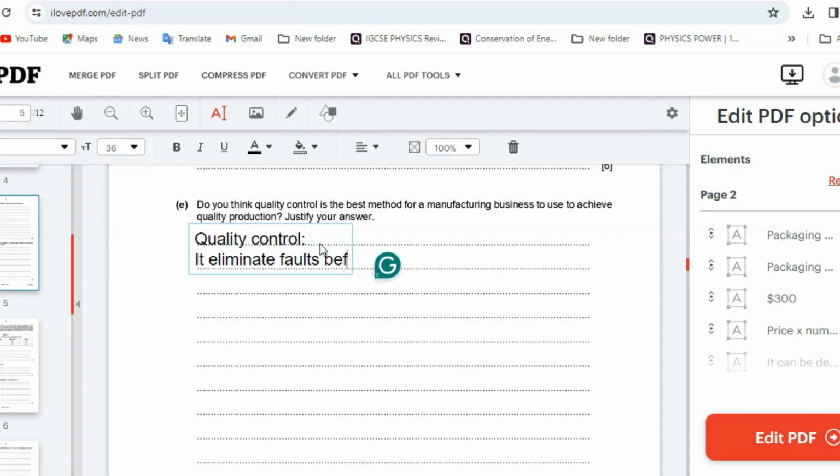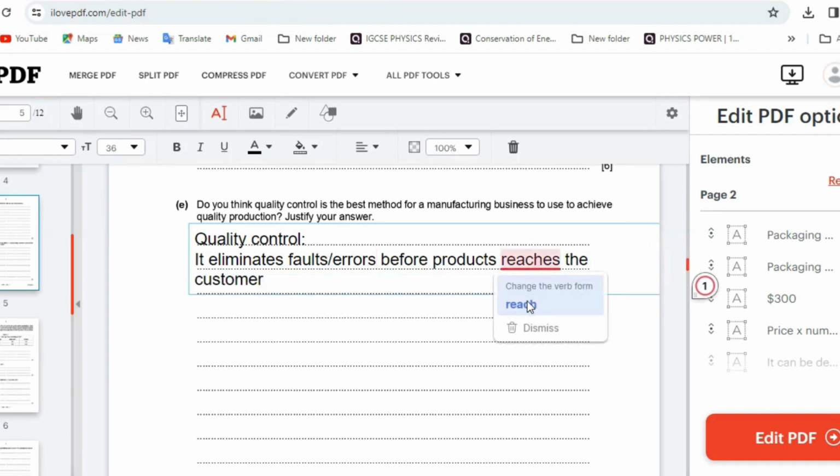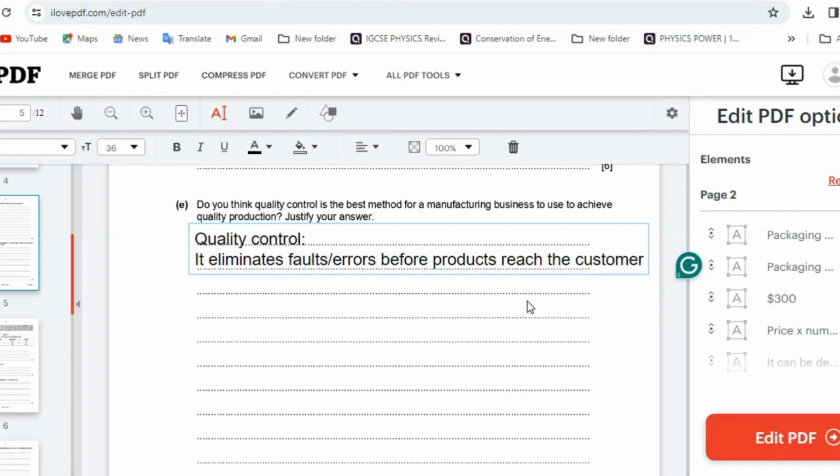Fault before product reaches the customer. By using quality control, it can also help to eliminate the fault or errors before the product reaches the customer.